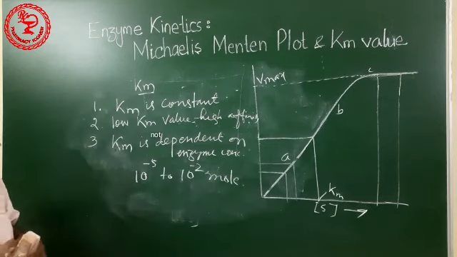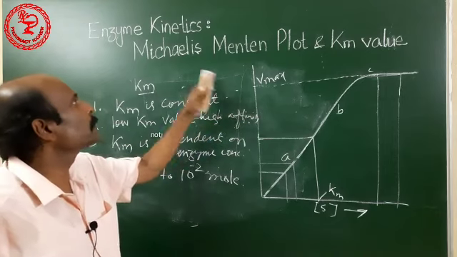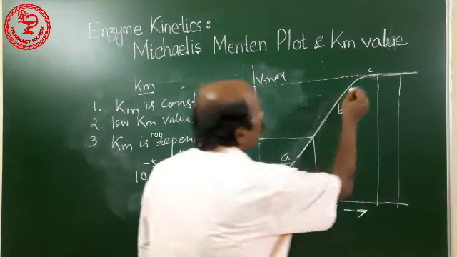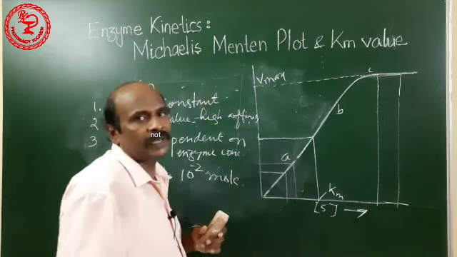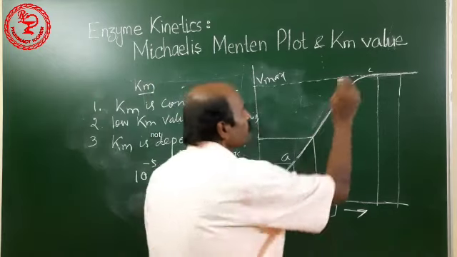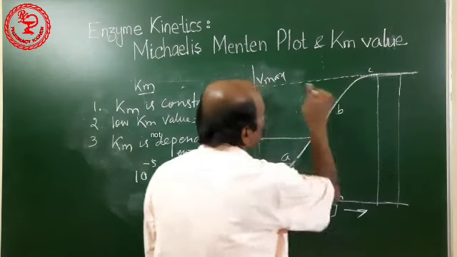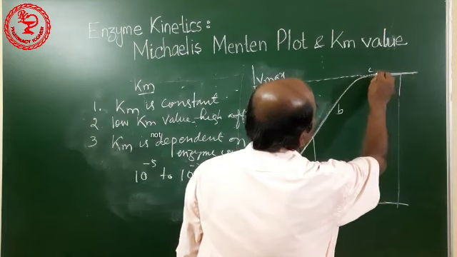Now the limitation of the Michaelis-Menten plot. Here you see the Vmax, it is asymptotic. So at which point does it reach the Vmax? It may be here, it may be here, it may be here.